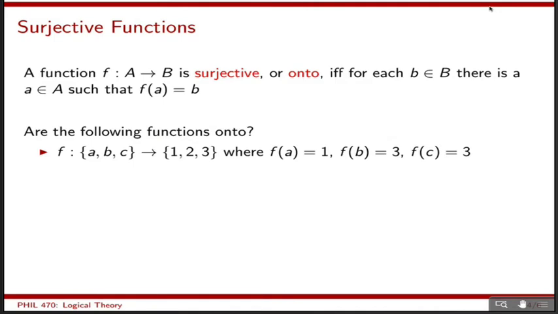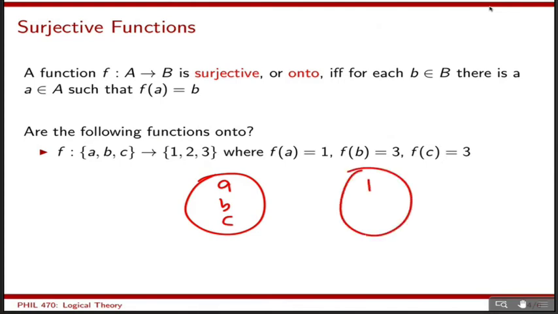If we look back to the examples we discussed earlier, here's a function. We have A, B, and C, and 1, 2, and 3.